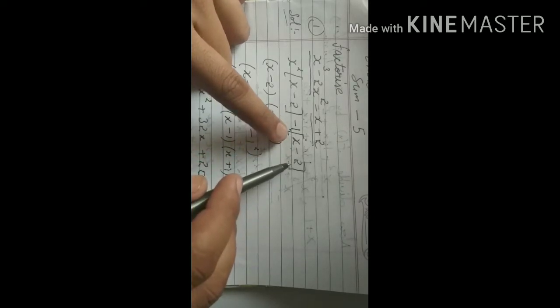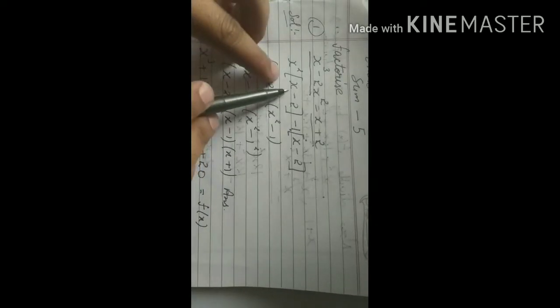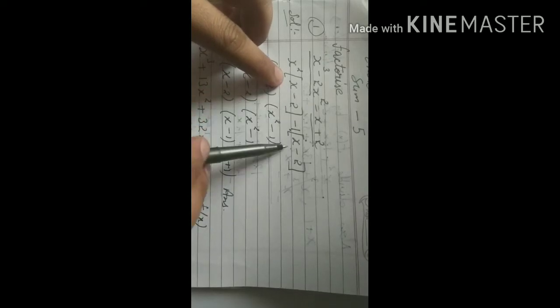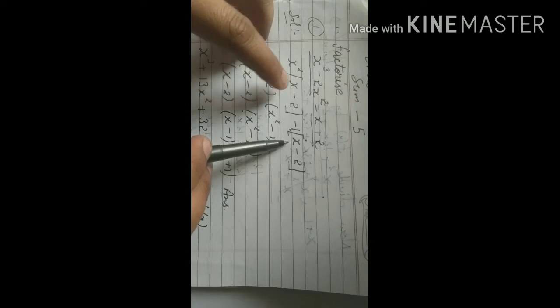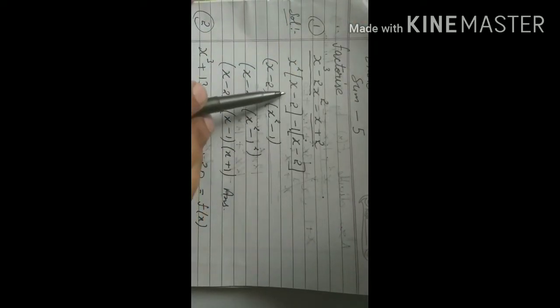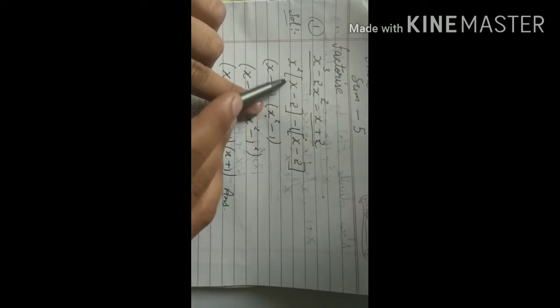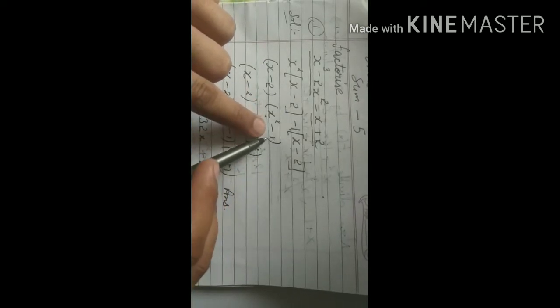Clear? According to this, we get the same term in both brackets. Further, we take x minus 2 as common. If we take x minus 2 as common, we get x square from the first term and minus 1 from the second term.